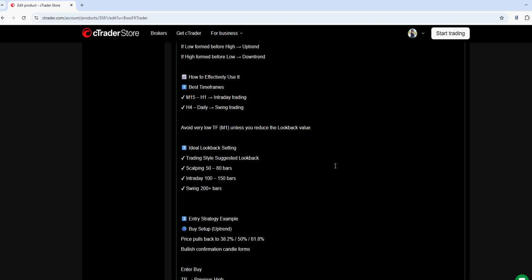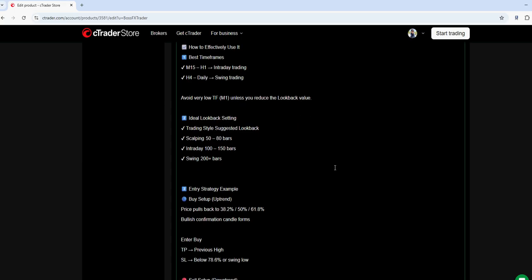So how to effectively use it? The best time frames are M15 and H1 for intraday trading, and H4 and daily for swing trading. Avoid very low time frames like M1, the 1 minute, unless you reduce the lookback value. Now let's talk about the ideal lookback value setting.